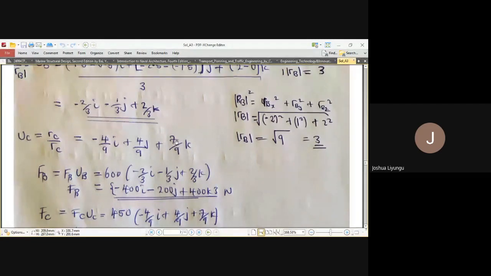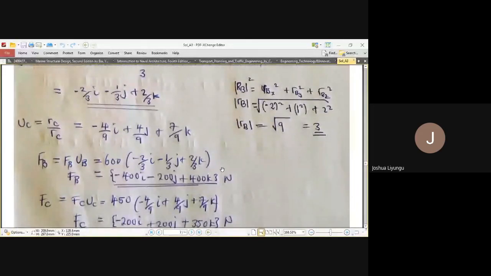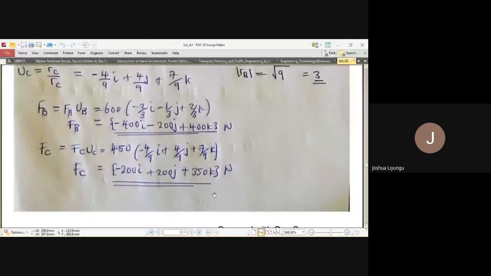Meaning you multiply the 600 times the unit vector moving from A to B. You also multiply the 450 times the unit vector from A to C. Your final answer would be FB equals negative 400I minus 200J plus 400K, and FC would be minus 200I plus 200J plus 350K. They are all in newtons.